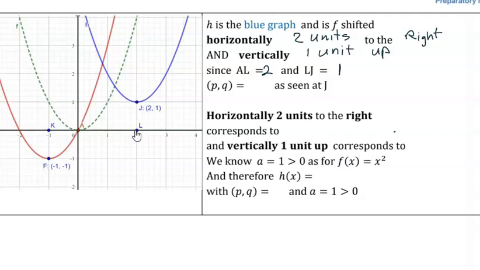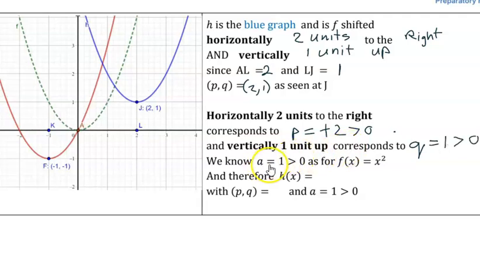And (p, q) we see is equal to (2, 1), and we see that at J. And horizontally 2 units to the right corresponds to a p value of plus 2, which is positive. And vertically 1 unit up corresponds to a q value equal to 1, which is also positive.